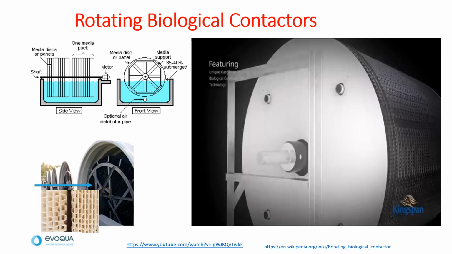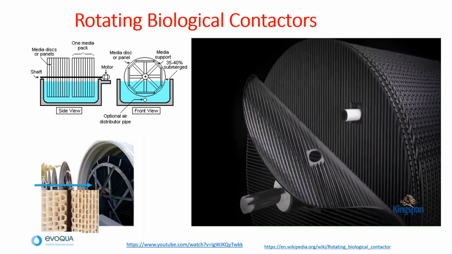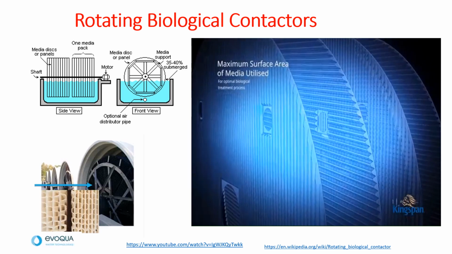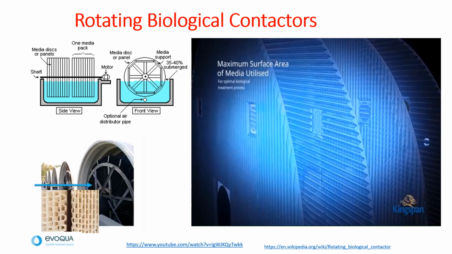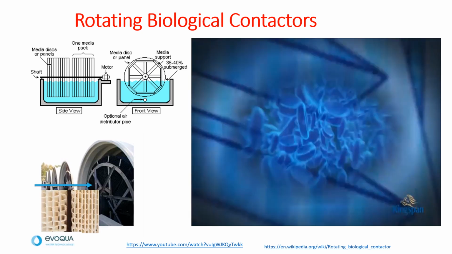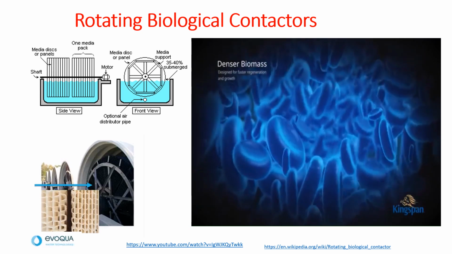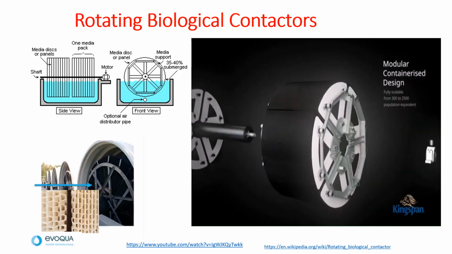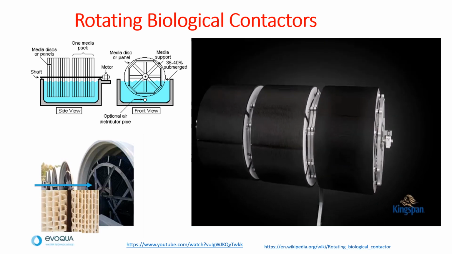Rotating biological contactors have a series of circular, light-weighted rotating discs, usually 2.5 millimeter diameter. They are mounted, so this gives a specific surface area for the biomass to grow. And the circular discs are mounted on a horizontal rotating shaft.